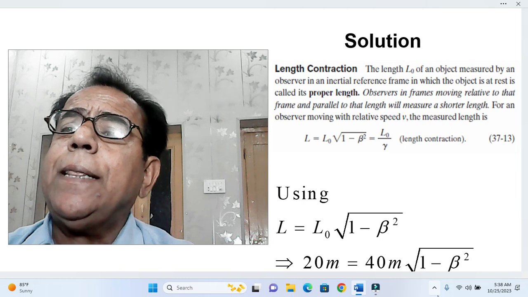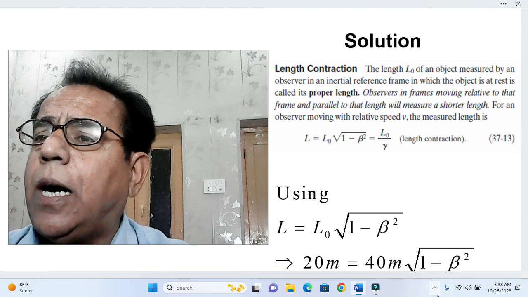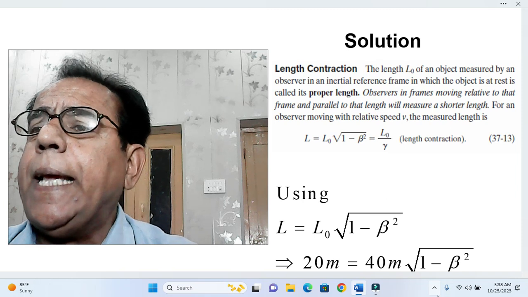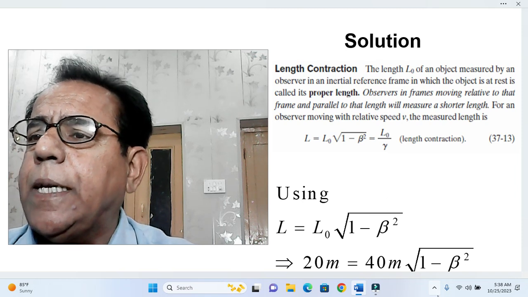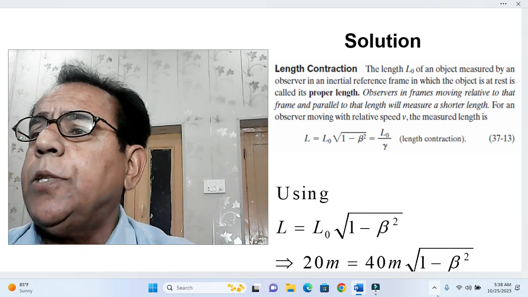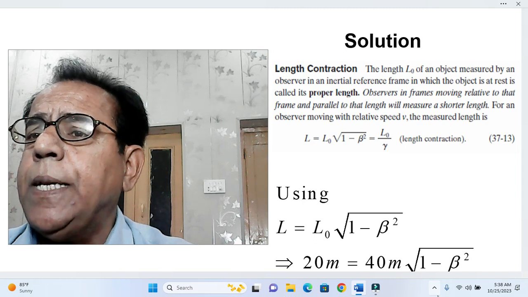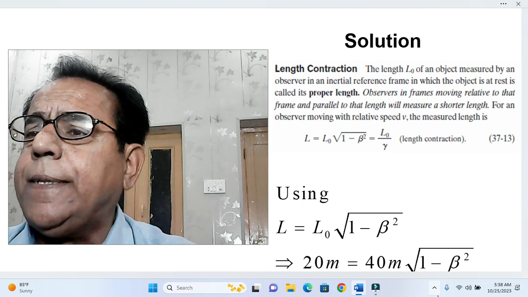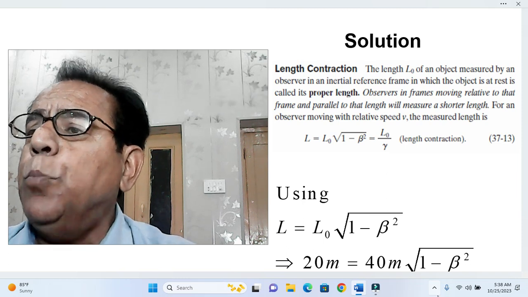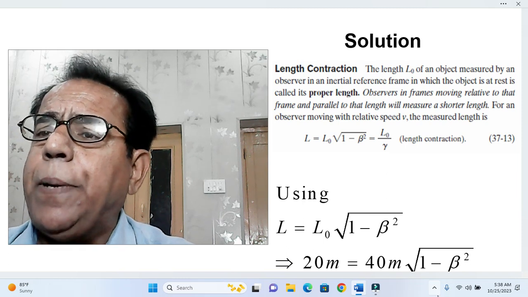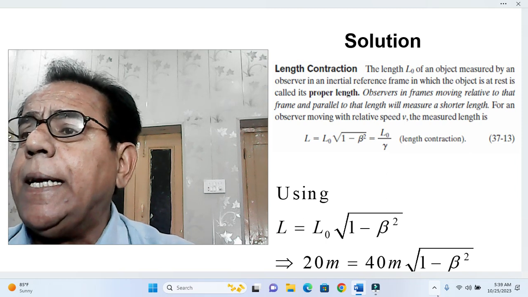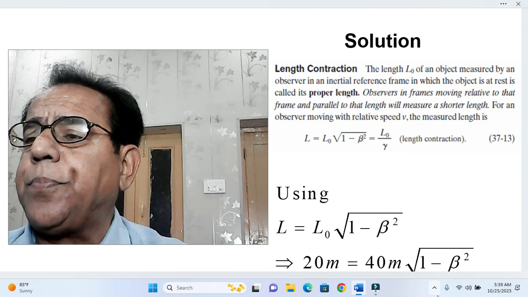Length contraction: the length L naught of an object measured by an observer in an inertial reference frame in which the object is at rest is called its proper length. Observers in frames moving relative to that frame and parallel to that length will measure a shorter length.